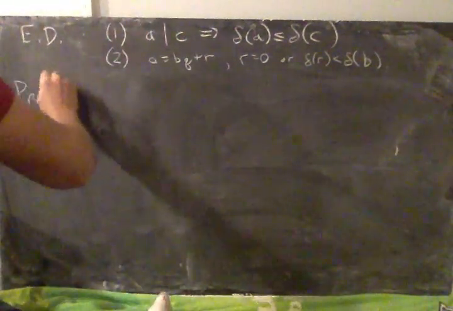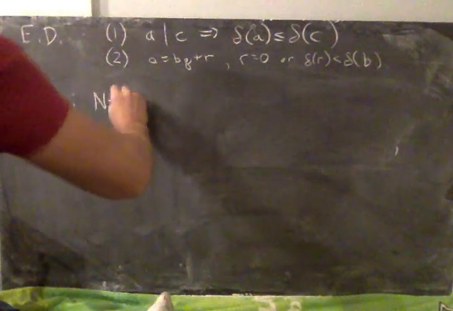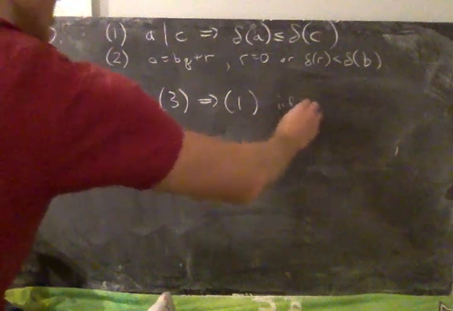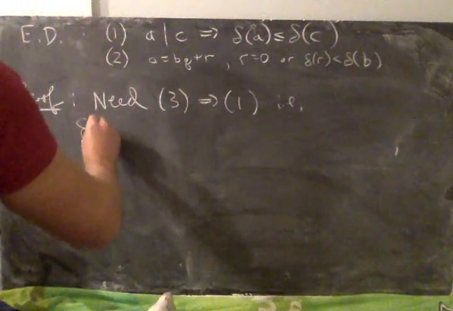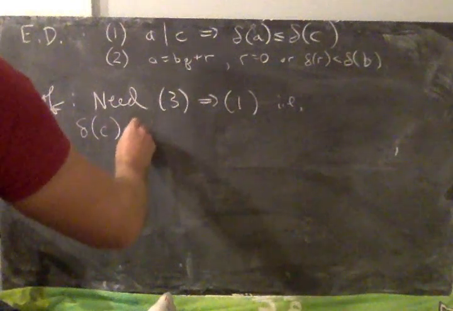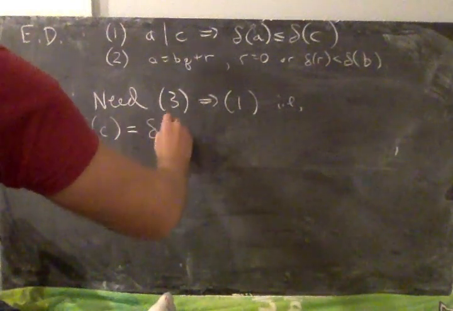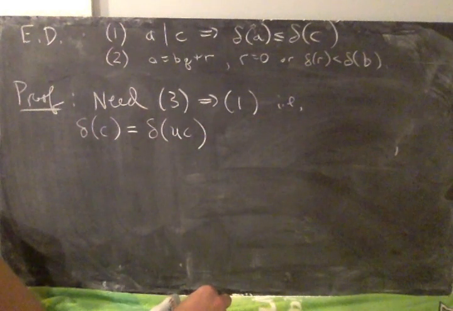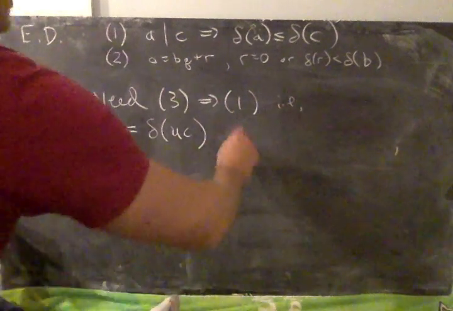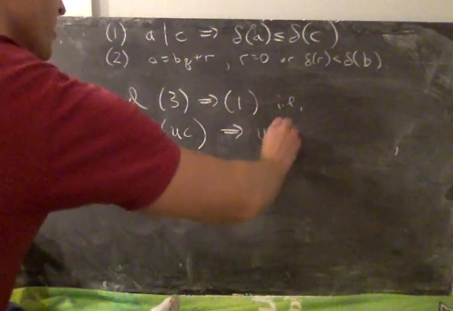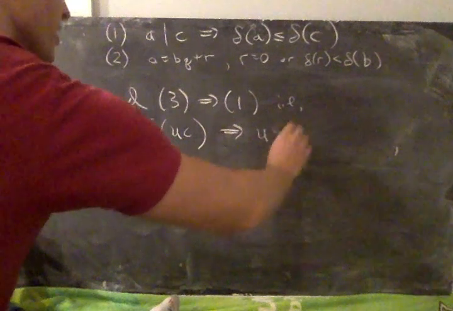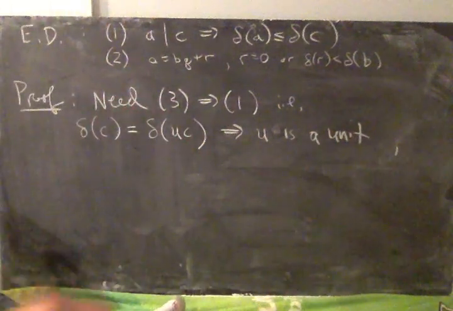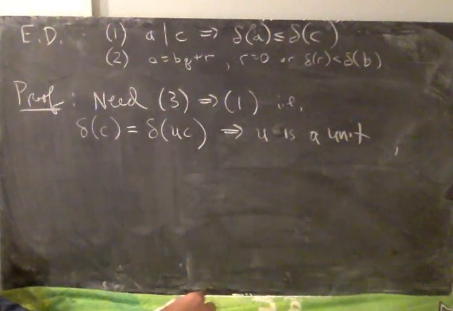So the proof: we need that 3 implies 1, i.e. that if delta at some non-zero C is equal to delta at some multiple UC of C, then that implies that U is a unit. That's what we're trying to deduce here.